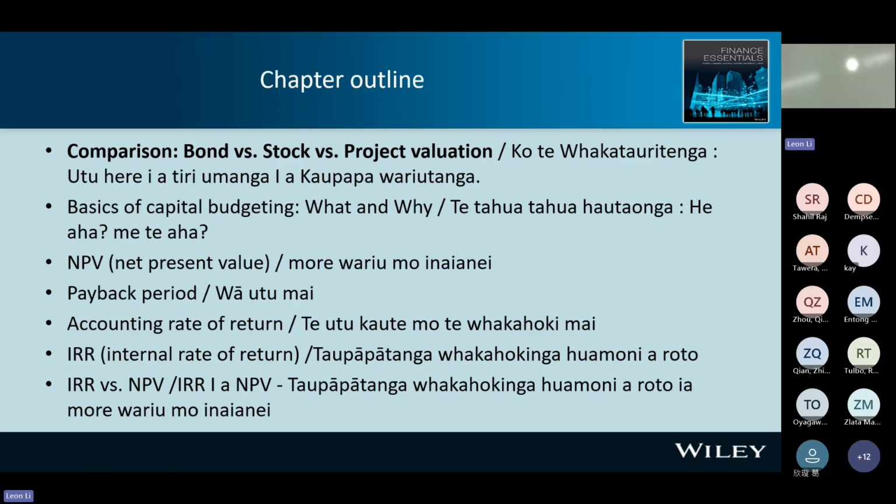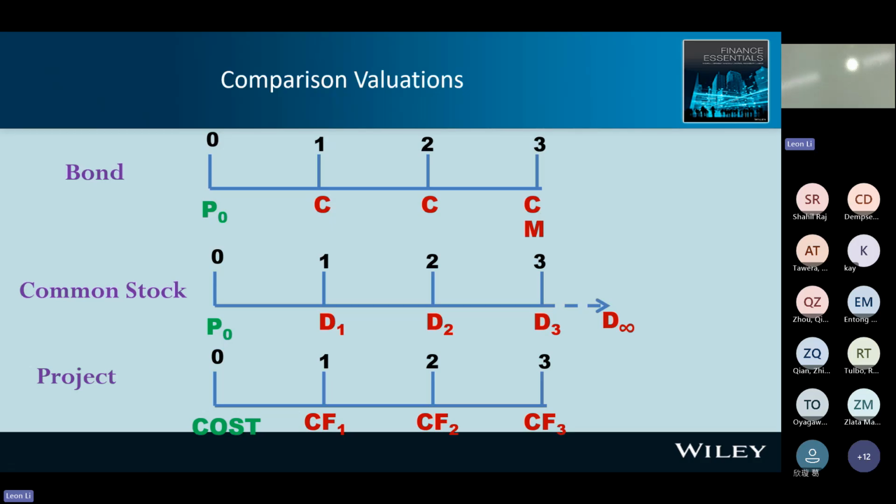So let's discuss the first topic, comparison of bond, stock versus project valuation. I use the timeline to show you the differences between them.